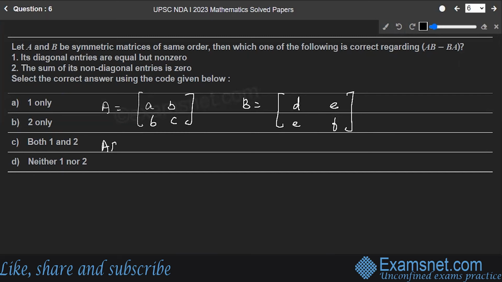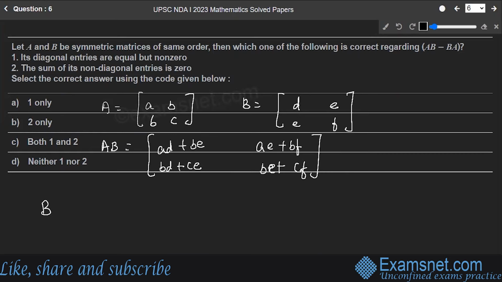These are symmetric matrices, right? AB, the product of the two matrices, will be given by AD plus BE, AE plus BF, BD plus CE, and BE plus CF.